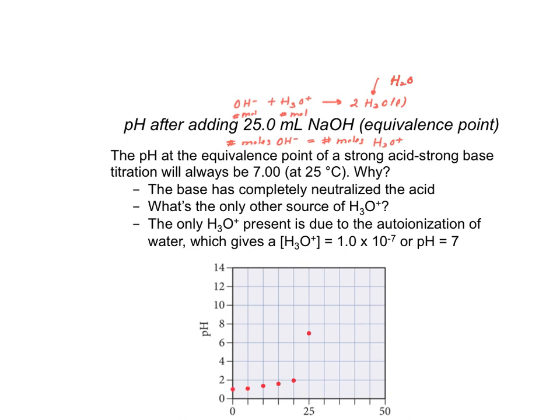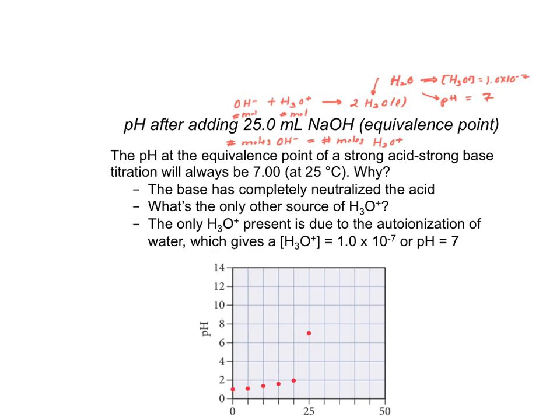And so we know what the pH of water is, right? Because for water, we have equal concentrations of H3O plus and OH minus. Both of those have concentrations that are equal to 1 times 10 to the minus 7th. So the pH of water, and the pH at the equivalence point in this titration, is just 7. It's just neutral, all right?